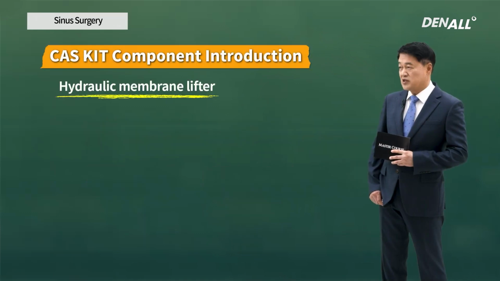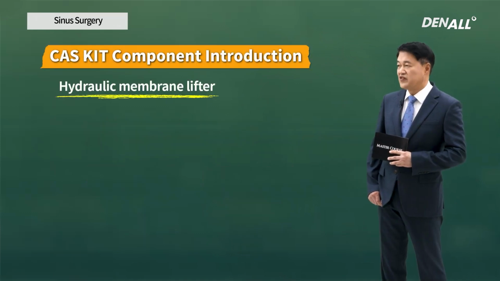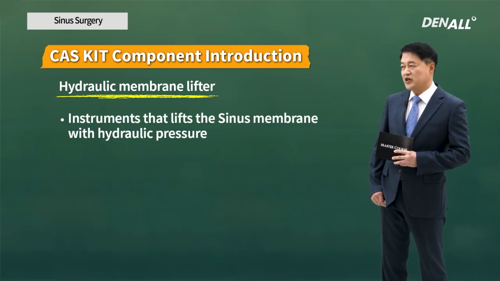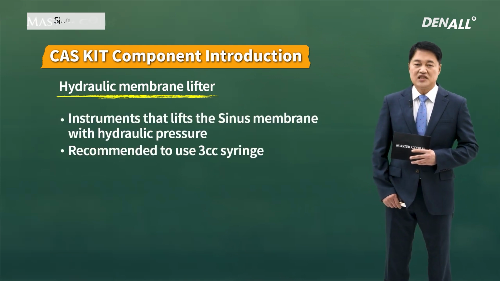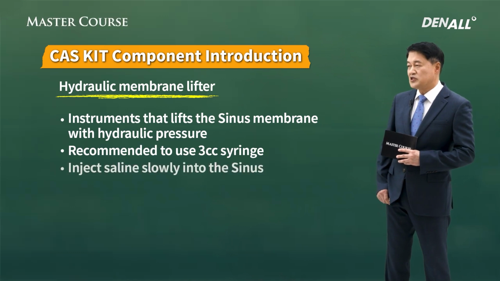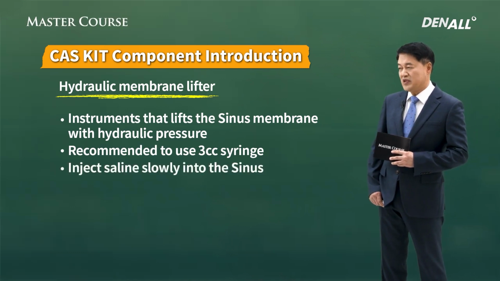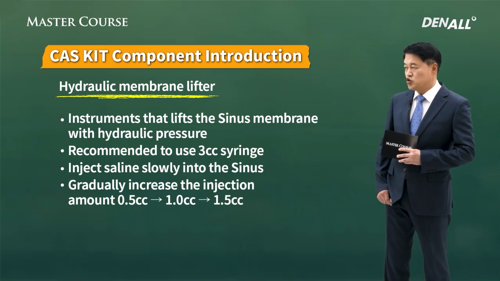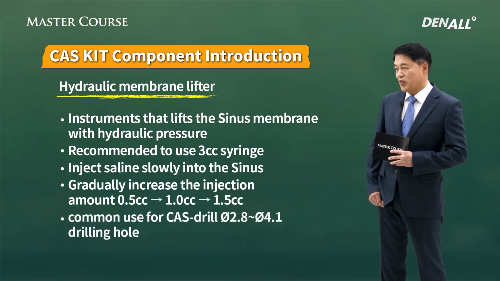The most important instrument in the CAST kit is the hydraulic membrane lifter. It is an instrument that lifts the sinus membrane with hydraulic pressure. The recommendation is to use a 3 cc syringe and inject the saline slowly into the sinus. You gradually increase the injection amount from 0.5 to 1.0 to 1.5 cc.